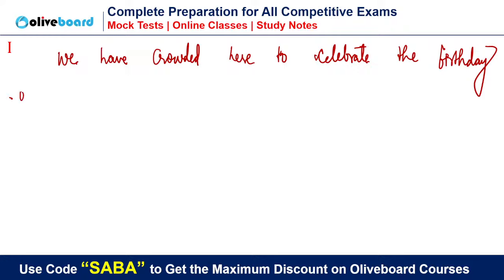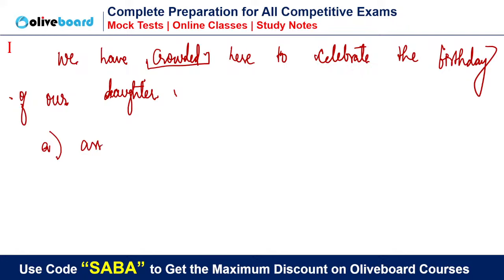Can we say this? Tell me, which one will be the most suitable word? In this sentence, if I ask you to find the error, which word is wrong? Or the same question can come in the form of replacement also.